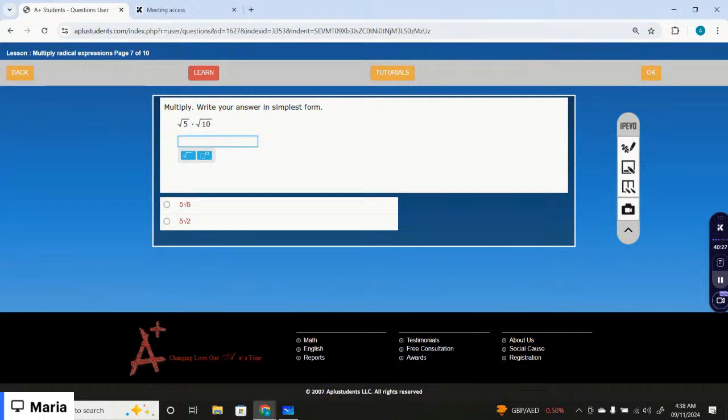Square root 5 times square root 10, which is the correct option? 5 square root 2. Option number 2 is the correct option.